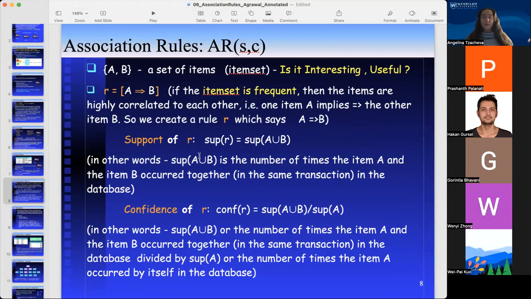So that's the support, the number of times that it occurs.